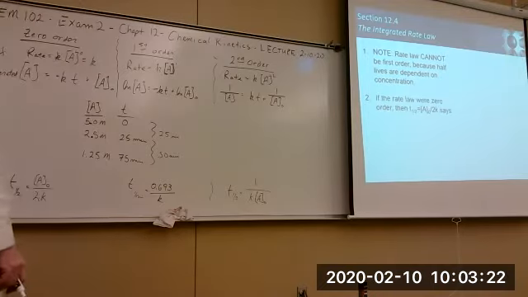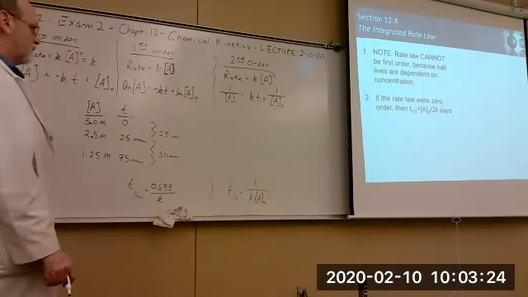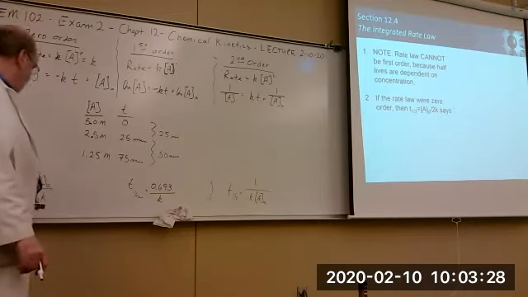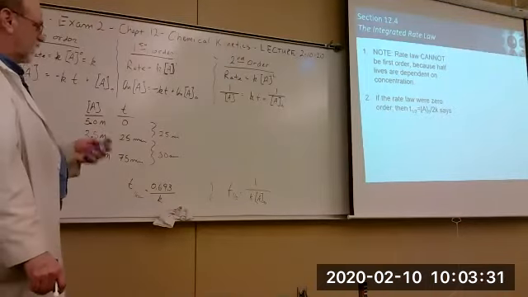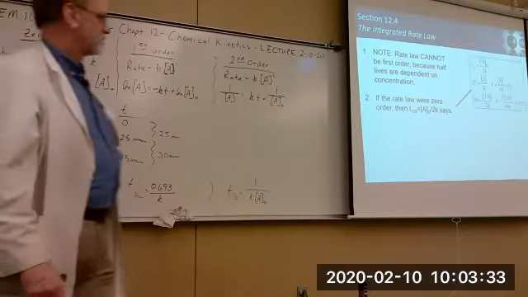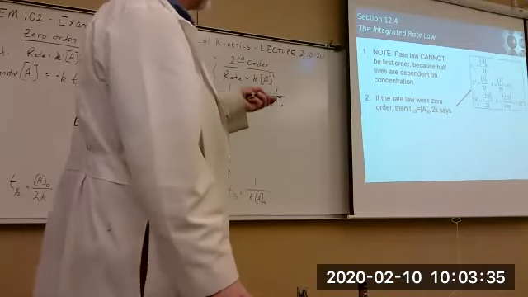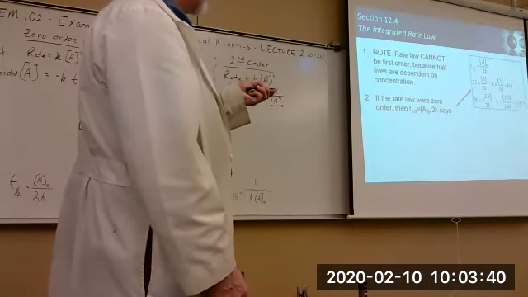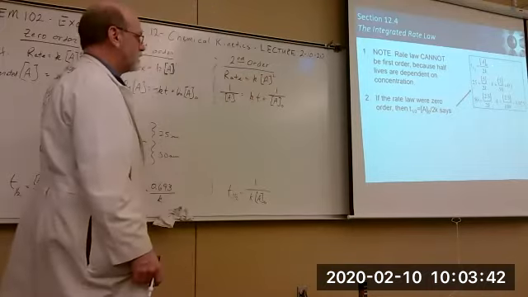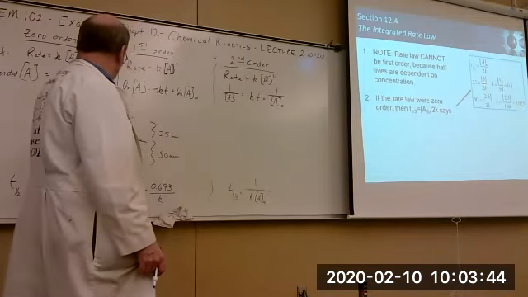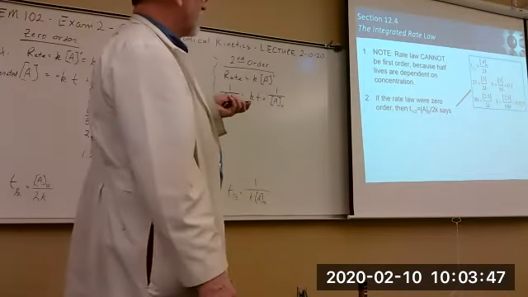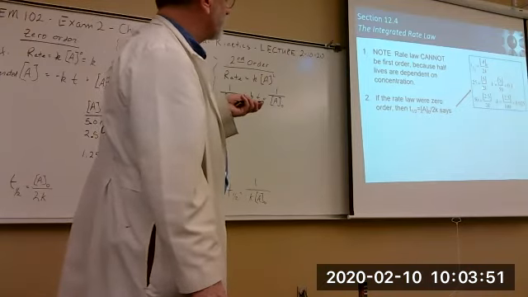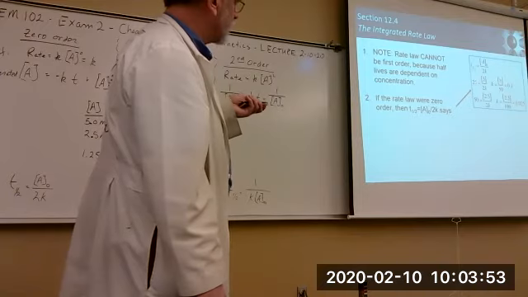If the rate law were zero order, then t1/2 would be A0 over 2k, right? So what does that mean? Well, if we do the calculation, A0 over 2k, and we put in 5 for our initial concentration here, and we calculate what's k, k then would be 2 times, let's see, move the 25 over here and the k over there.